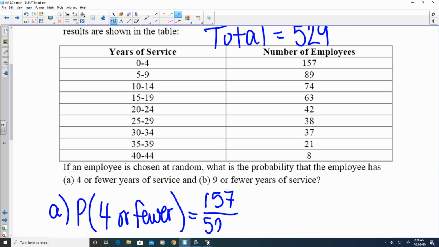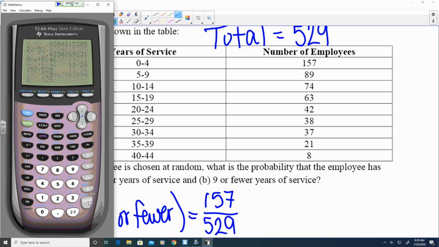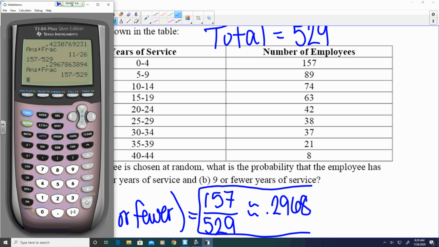So 157 over 529. Have to know if it simplifies. That's as the decimal, 0.2968, or it is simplified, so this is our answer here.